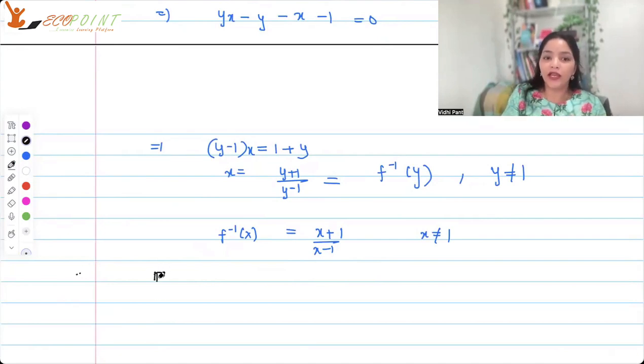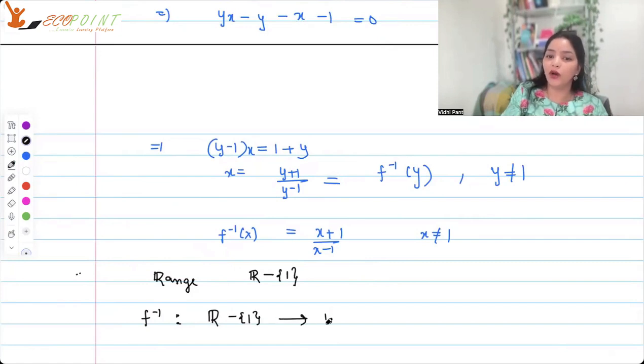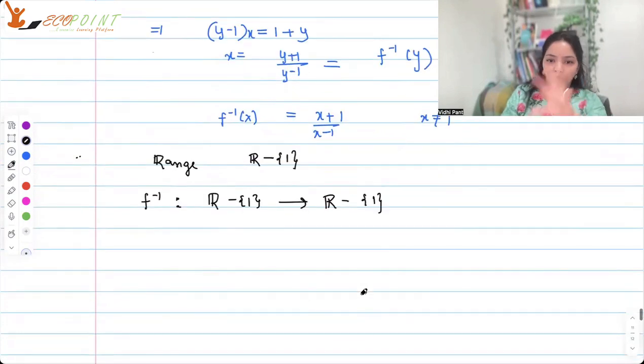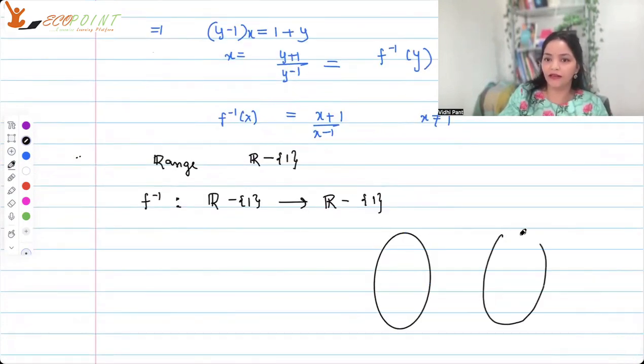The range actually has to be R minus 1 because what is your bad y? 1 is the bad y. So therefore, the inverse function that you define should be from R minus 1 to R minus 1. I'll just give you a mapping to understand this.